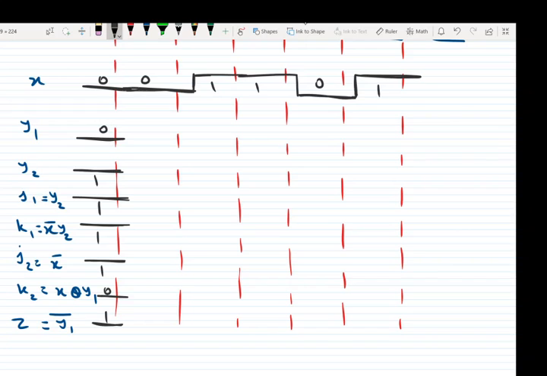Okay, so if we complete, I just draw the entire answer, so I don't move step by step because we know how to do that, but the answer is here.